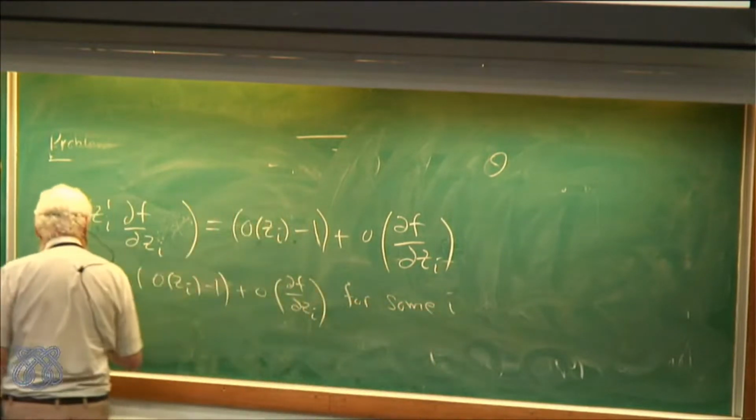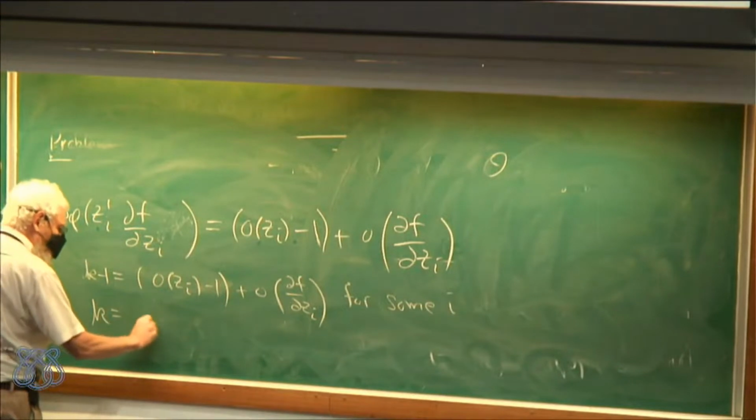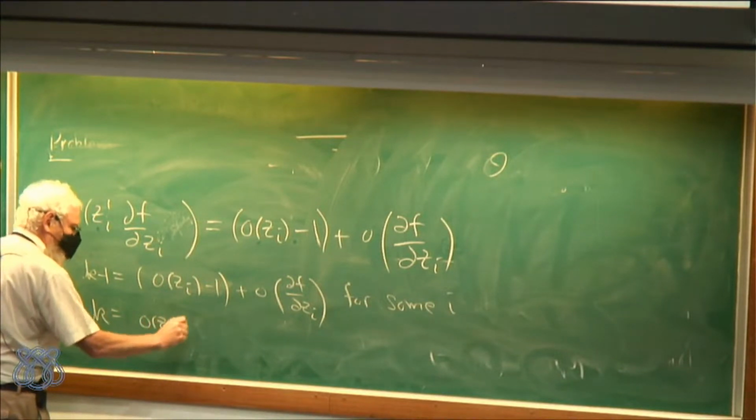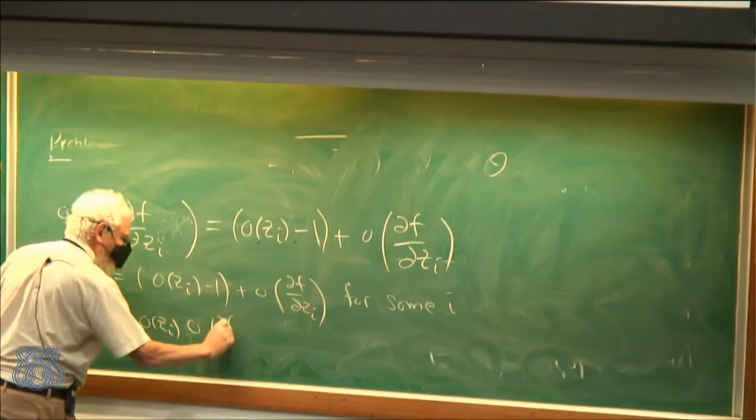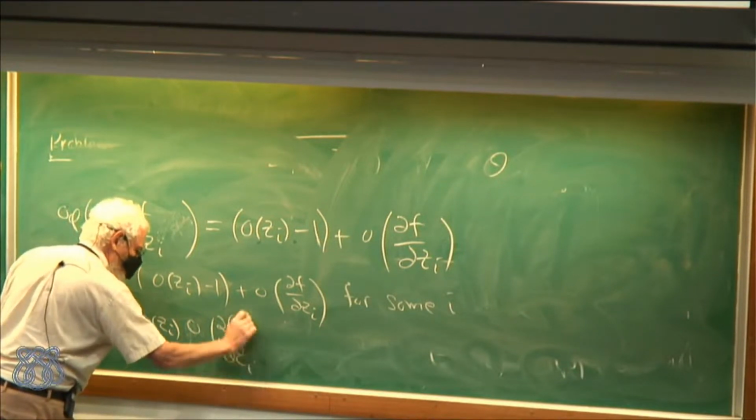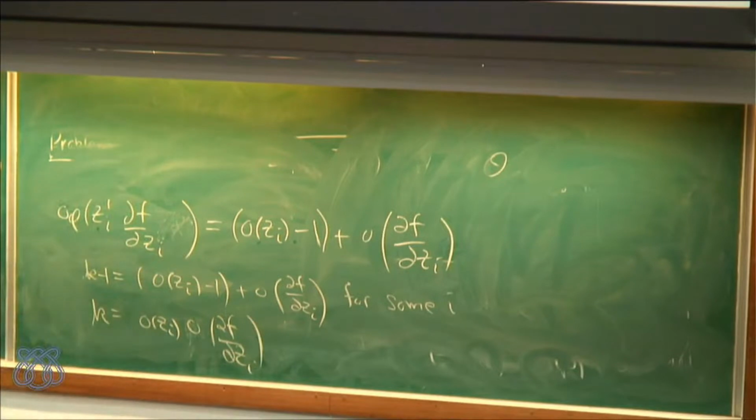And so k is equal to the order of z_i times the order of the partial of f with respect to z_i. And then we're done.